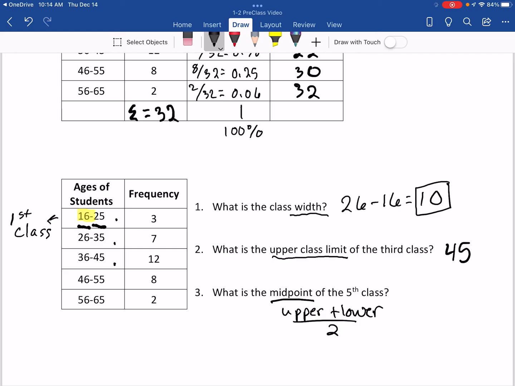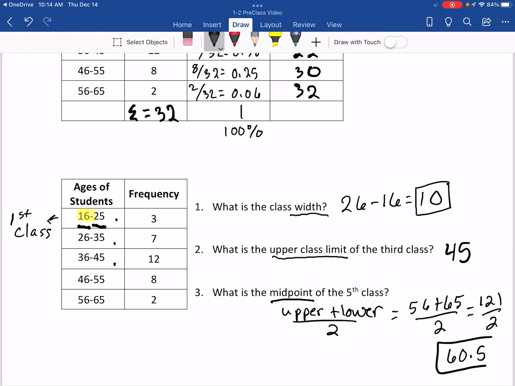That's how I find the midpoint. I take the average of those two numbers. So if I look at the fifth class, then that is going to be 56 plus 65 divided by 2, which is 121 divided by 2, which is 60.5.